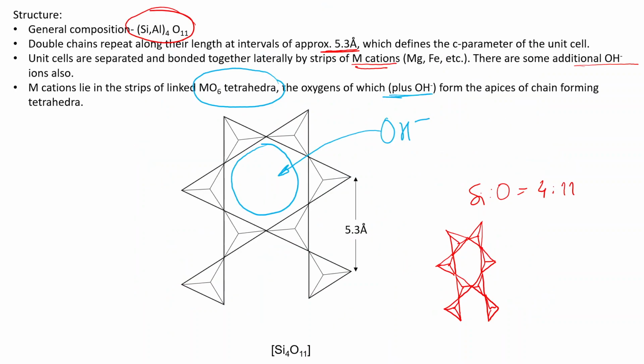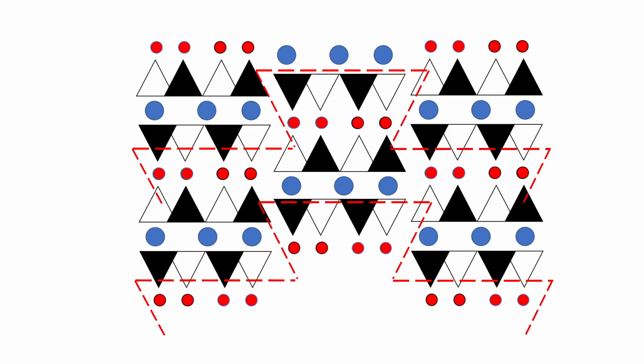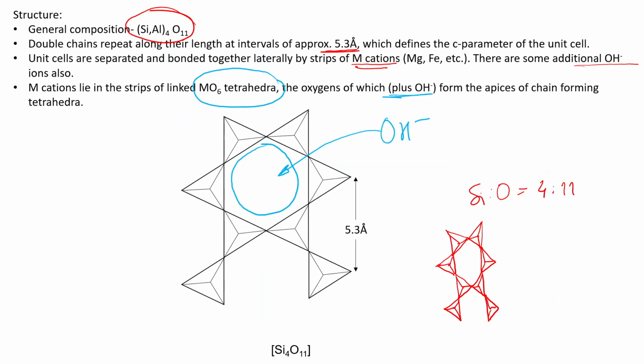If you look at this, you can see that this is tetrahedra 1, tetrahedra 2, tetrahedra 3, and tetrahedra 4. All these four tetrahedra form the repeating units. So see here, we have four of these as repeat, so double chain.